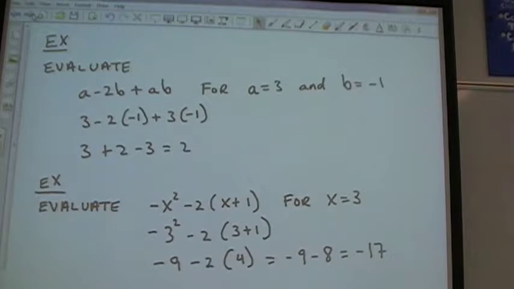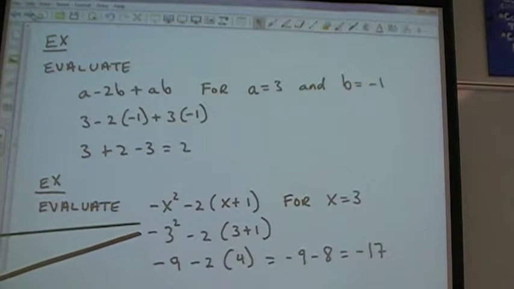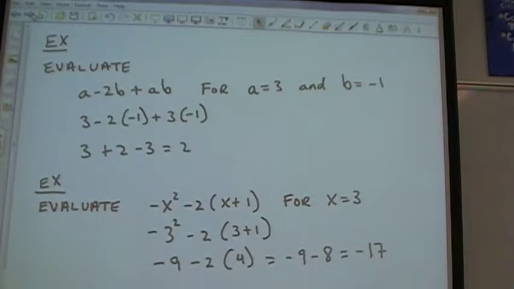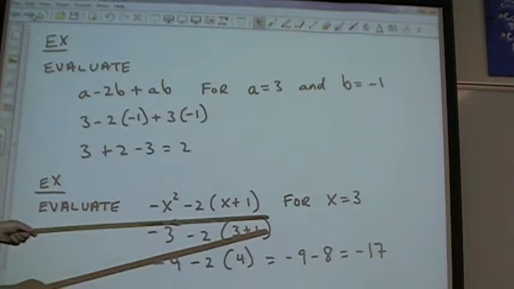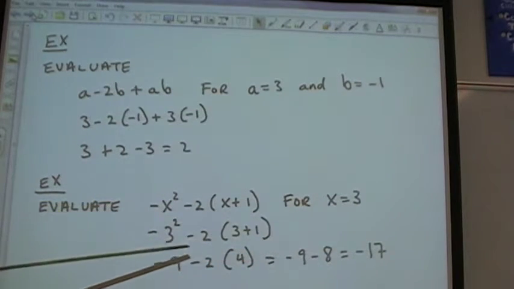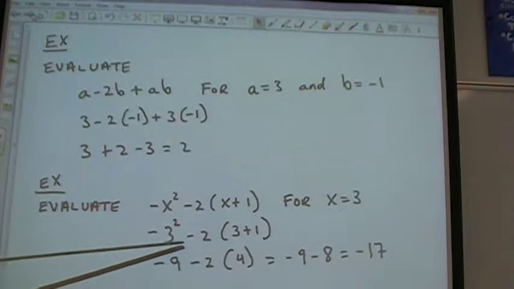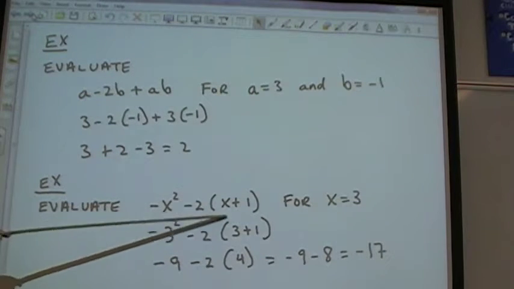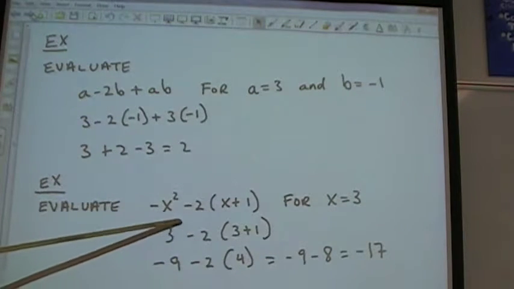Next one, evaluate the expression -x squared minus 2 times x plus 1. Again, what I would do first is just take what they tell you x is and plug it in. They tell you x is 3, plug it in. So I plug 3 in here, 3 in here. Now this is where you need to be careful.